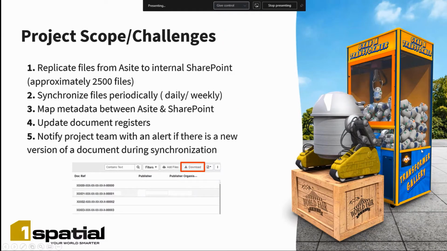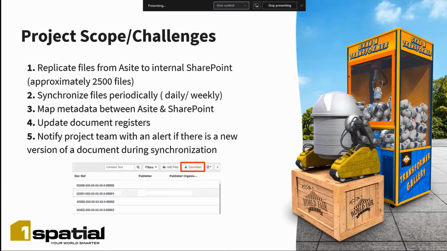So there were 5 main key tasks which had to be performed. The first was to replicate the files from A-Site to our internal SharePoint site, which was approximately 2,500 files. Number 2 was to synchronize these files periodically, that would be daily or weekly.